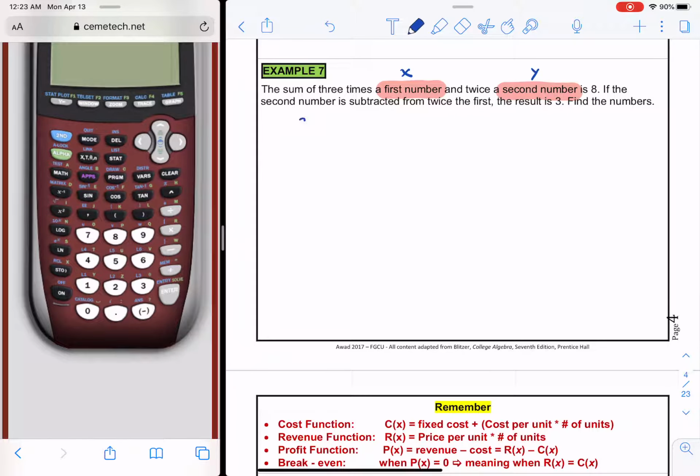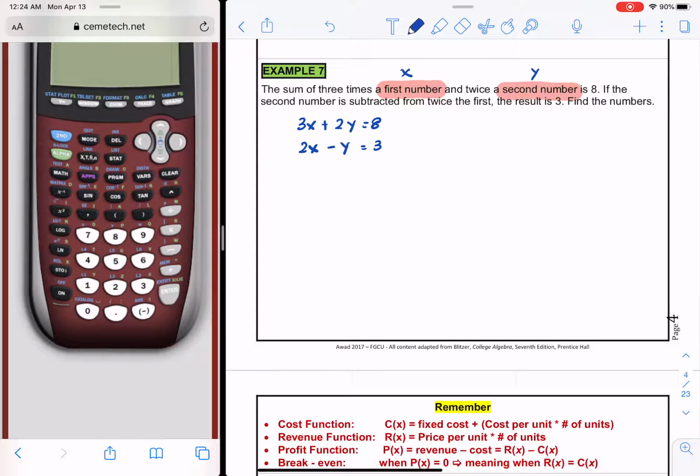So 3 times x plus 2 times y equals 8. And if the second number is subtracted from twice the first, so 2x minus y, the result is 3. And we want to find the numbers.